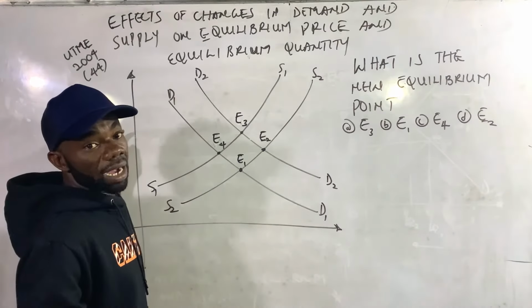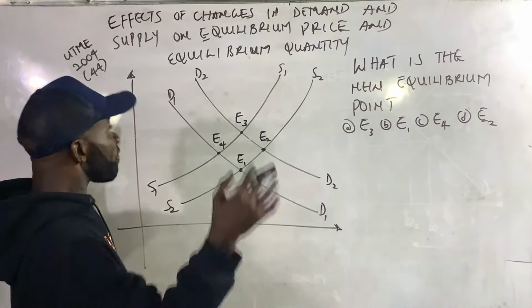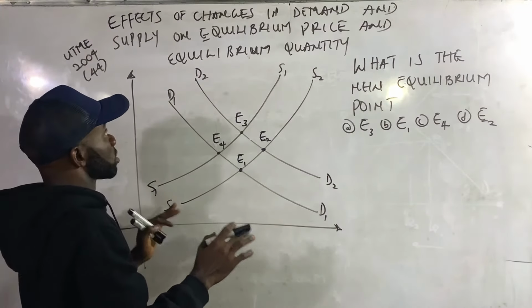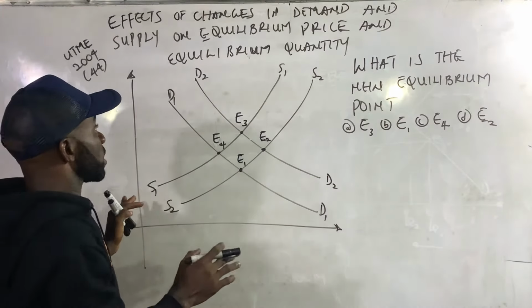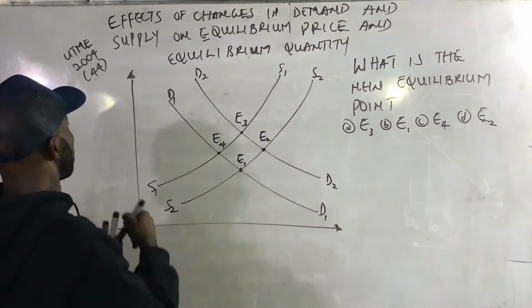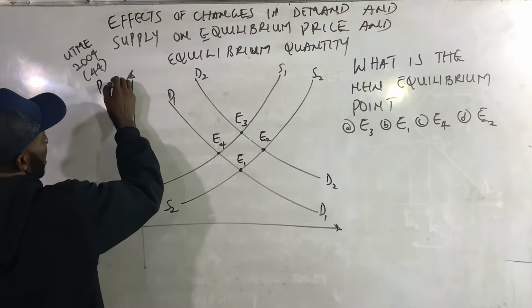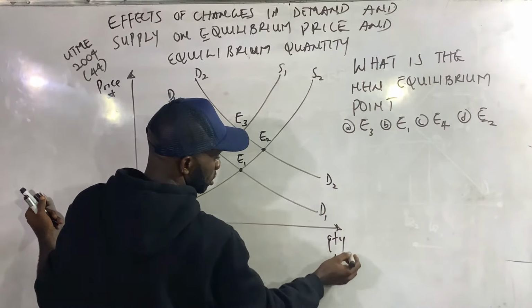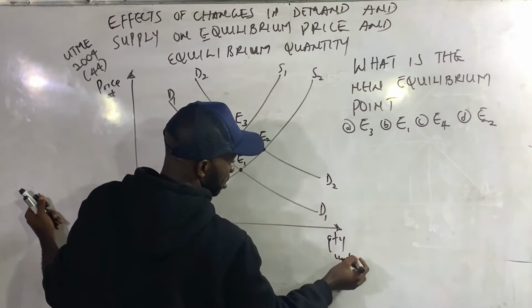Here we have a similar question that can also fall into this subtopic, effect of changes in demand and supply on equilibrium price and quantity. Now we have a price line here and then a quantity in units, don't forget.